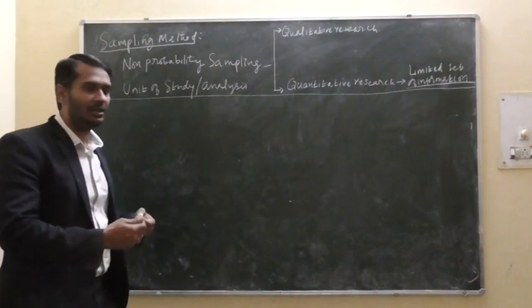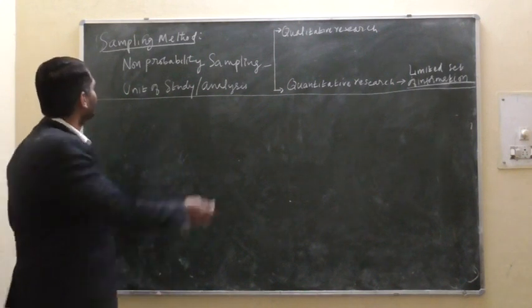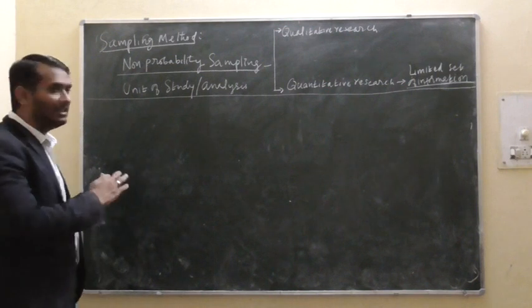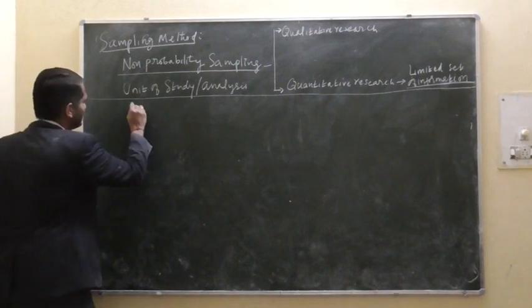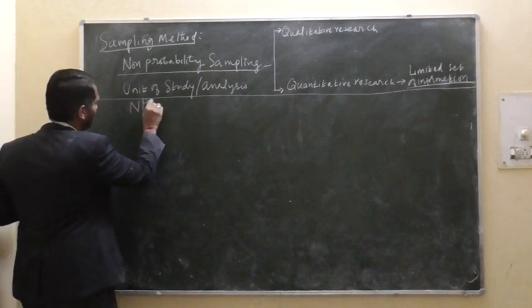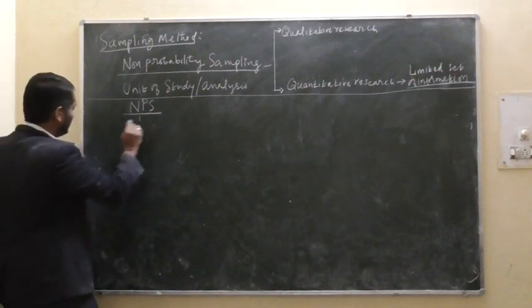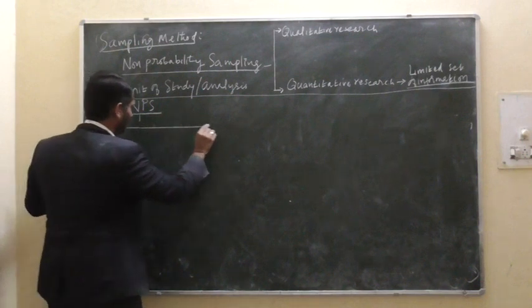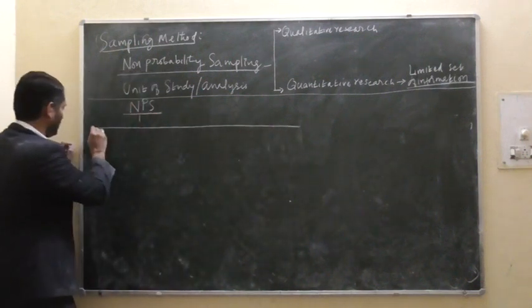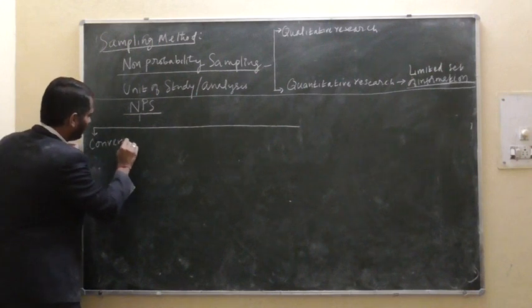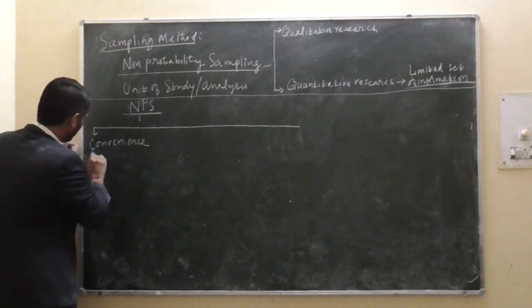So now we will focus on non-probability sampling. What are the different types of non-probability sampling? NPS is non-probability sampling. The first is convenience sampling.